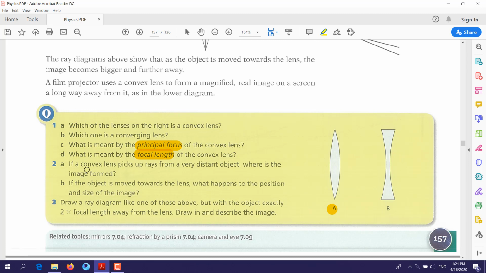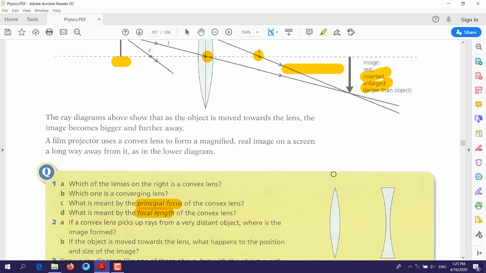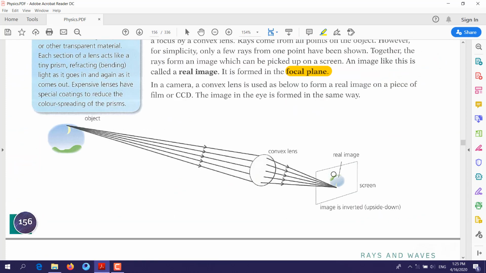Question number 2. A. If a convex lens picks up rays from a very distant object, where is the image formed? This example is the same as the example of the moon.